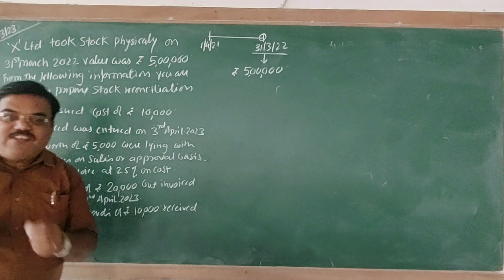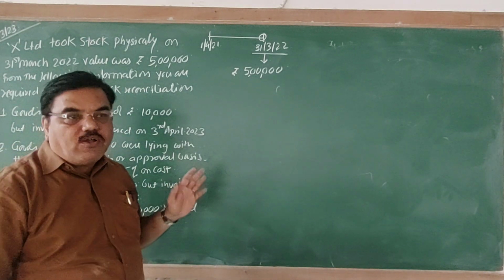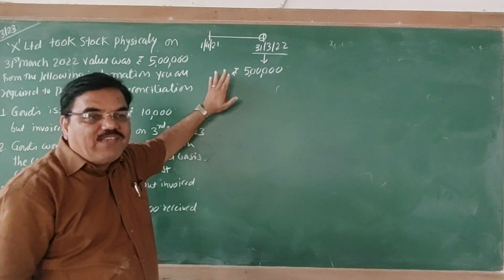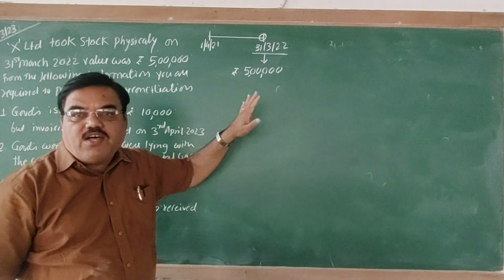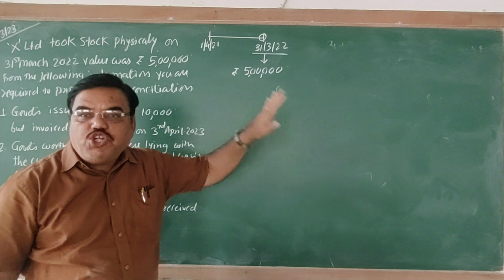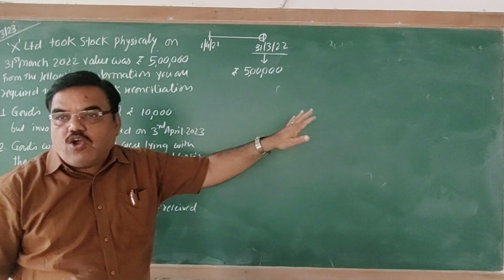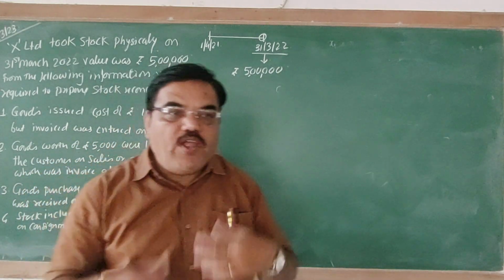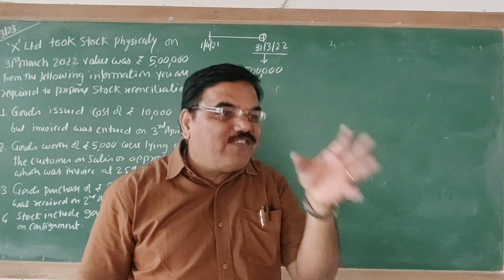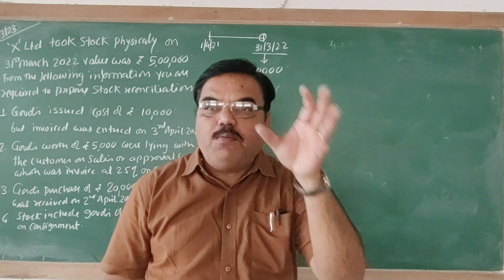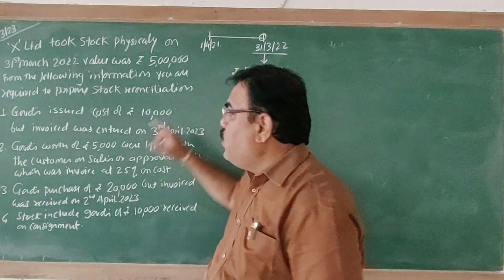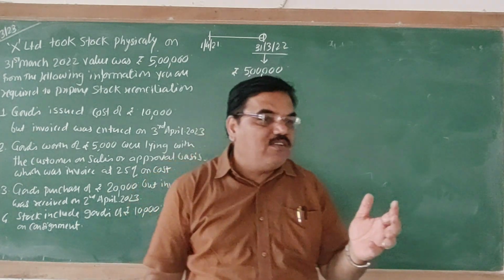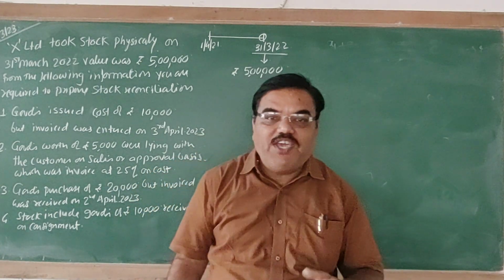Now due to some adjustment, this is not the proper stock, or this is not the stock which has to be taken for the balance sheet purpose or the final account purpose, and that's why they want to find out the actual stock on 31st March 2022. Why is this stock going to be changed?